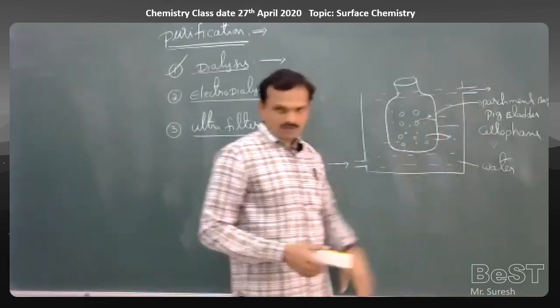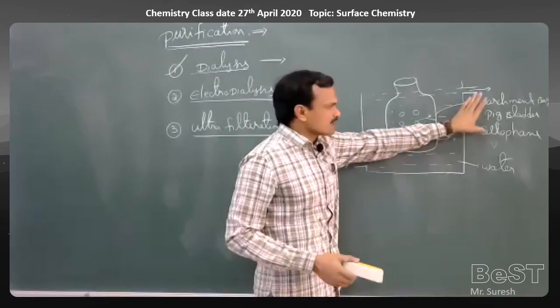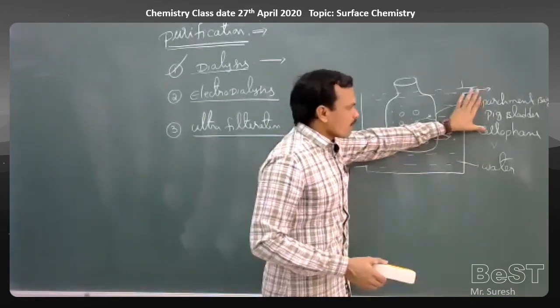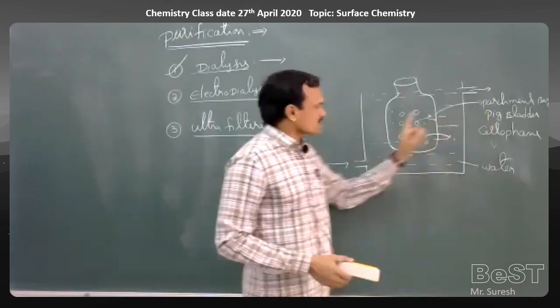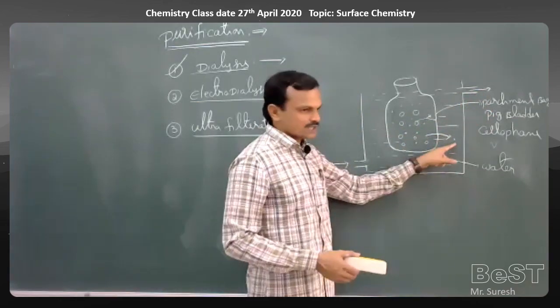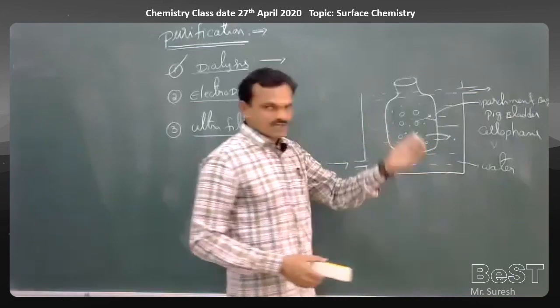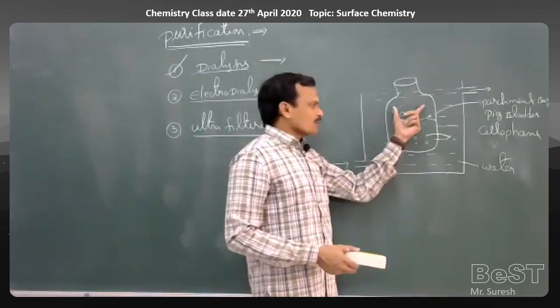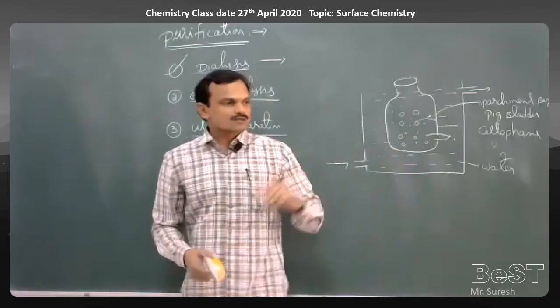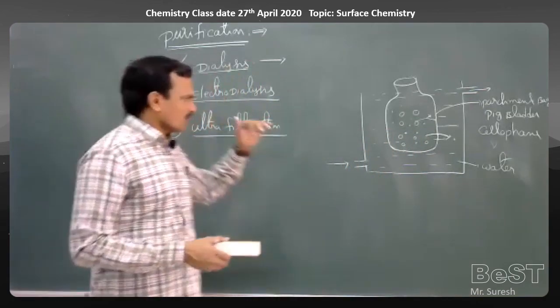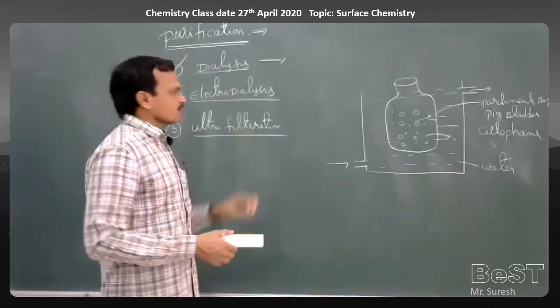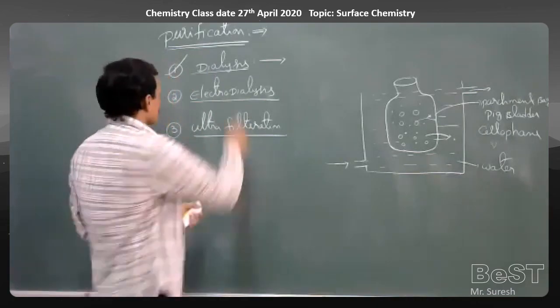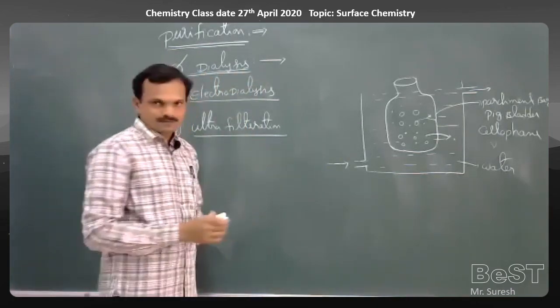Through the micropores of these substances, only electrolyte particles, either positively charged or negatively charged, will come outside. As a result, the number of electrolyte particles in the colloidal solution will decrease, and the stability of the colloidal solution will increase. So this is called dialysis.